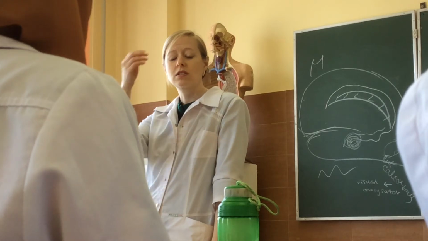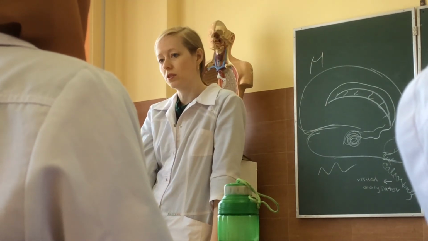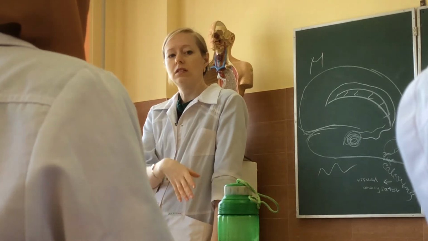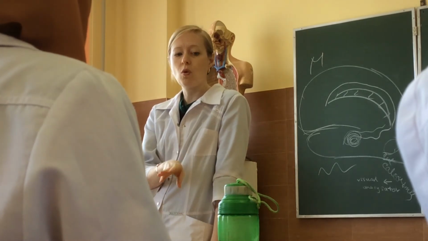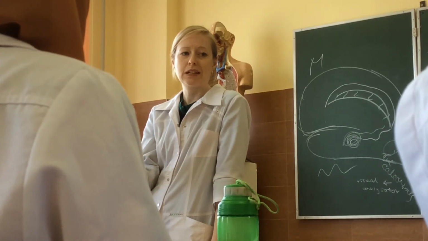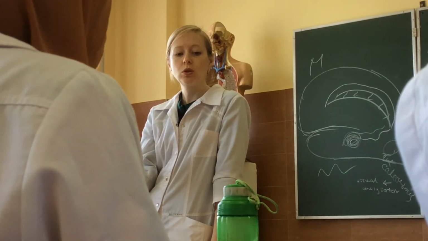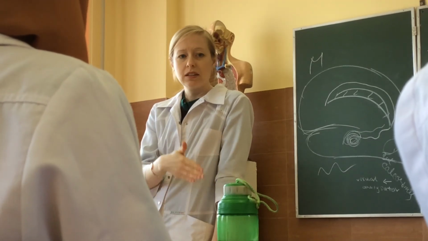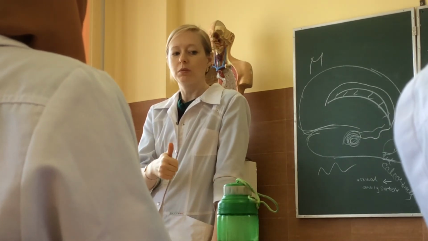About the meninges, what you have to notice is the difference between the dura mater of the brain and the dura mater of the spinal cord. In the brain there are four processes, projections: falx cerebri, falx cerebelli, tentorium cerebelli, and diaphragma sellae. In the dura mater of the brain there are venous sinuses.